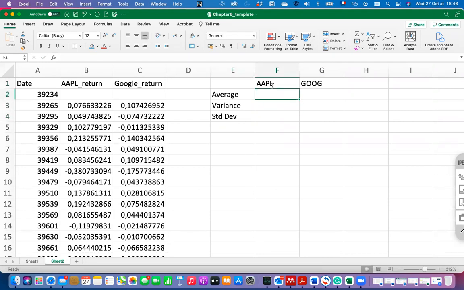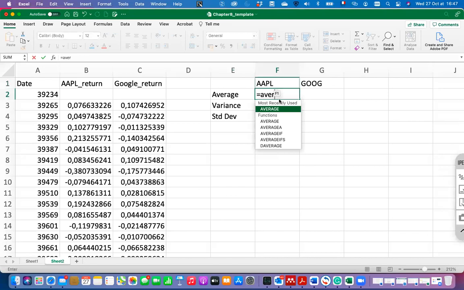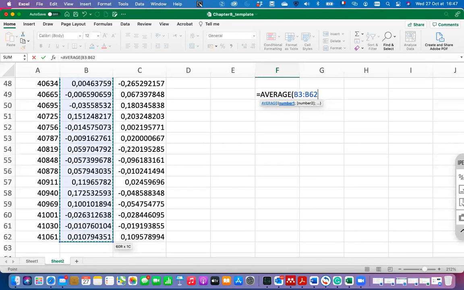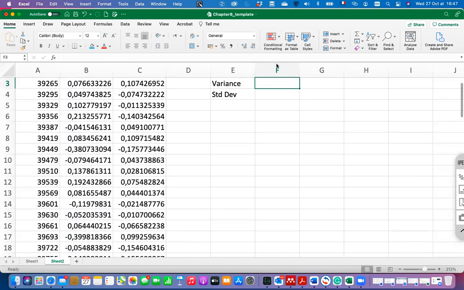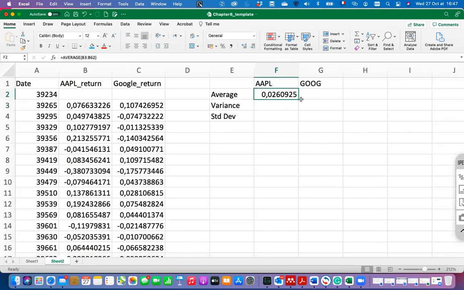Let's start with the sample technique. As I told you, for the average we have the same result whether for sample or for population. So average for Apple, then you have the average for Google. Let's transform them into percentages and add decimals here.